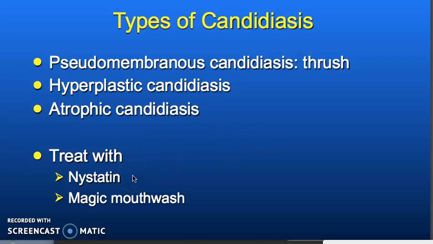You wrote a prescription for nystatin and delivered that in a solution, and you wanted the patient to rinse with it for, I believe, up to 8 days. Nystatin can come in an ointment, but if it's in the oral cavity, we would want a solution of it.